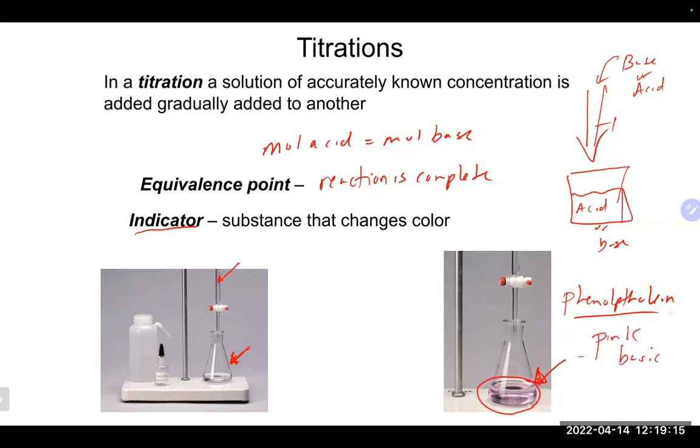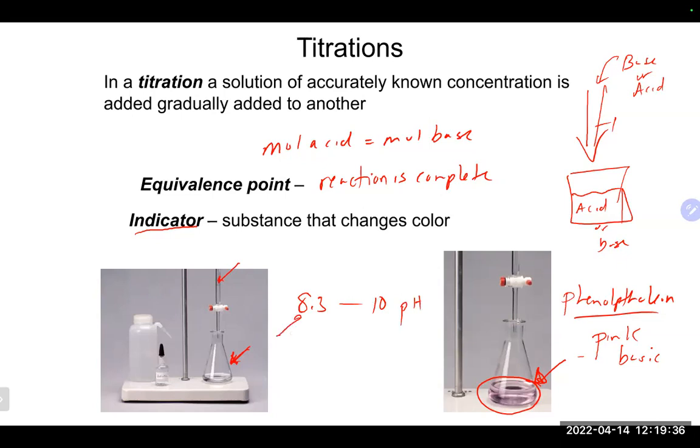As we'll talk about at the end of this chapter, indicators work off of a specific pH range. Something like phenolphthalein, that you probably used when you did those titrations, works from a pH range of about 8.3 to about 10.